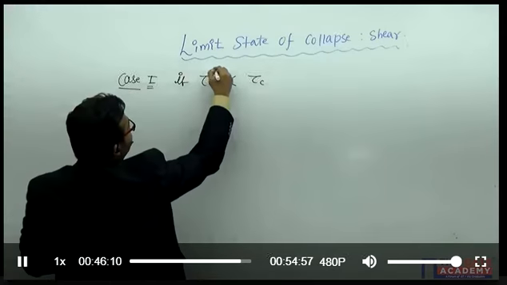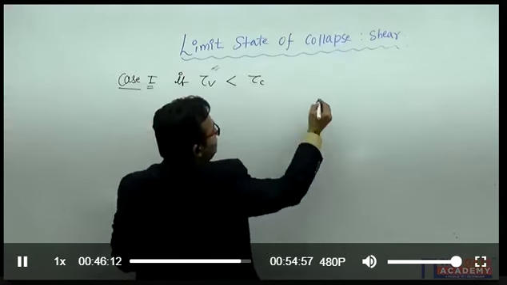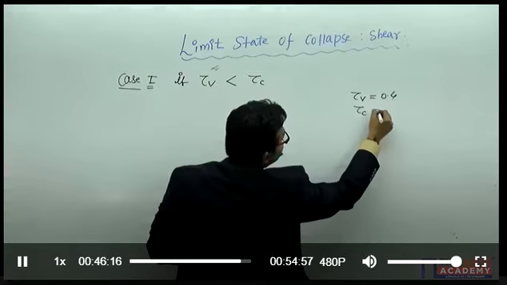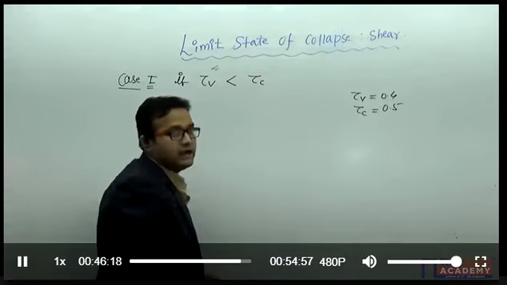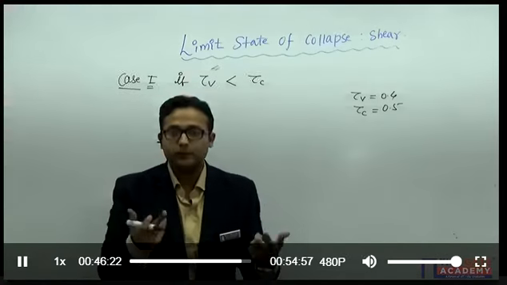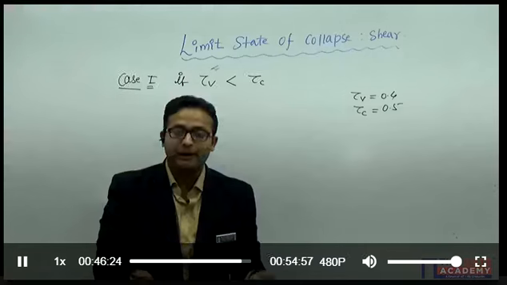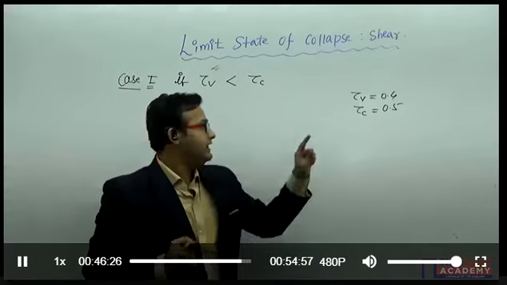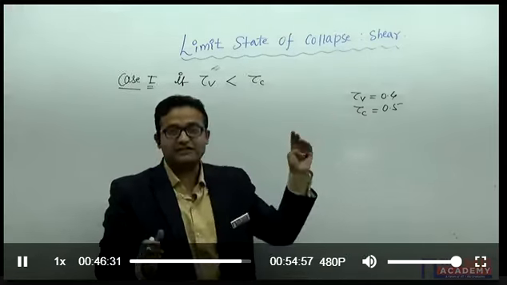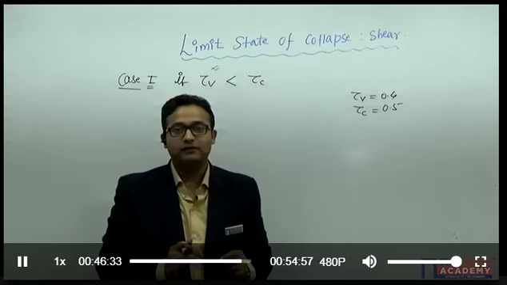Suppose the tau v is coming 0.4 and tau c is 0.5. Of course, the shear strength is more. No need to provide the shear stirrups now, but we will provide. In this case, the shear strength of the concrete is greater than whatever the shear stresses are coming.